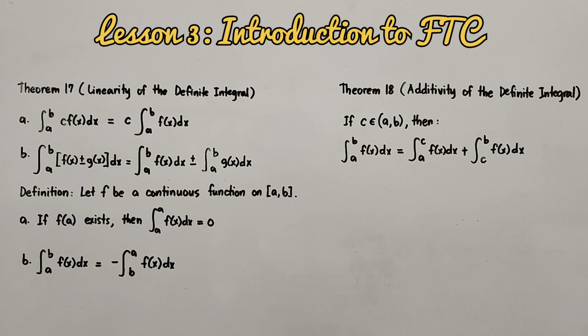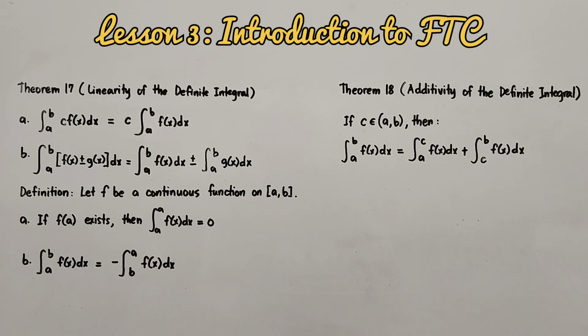Then the integral of c f of x dx from a to b is equal to c times the integral of f of x dx from a to b. And the integral of f of x plus or minus g of x dx from a to b is equal to the integral of f of x dx from a to b plus or minus the integral of g of x dx from a to b.